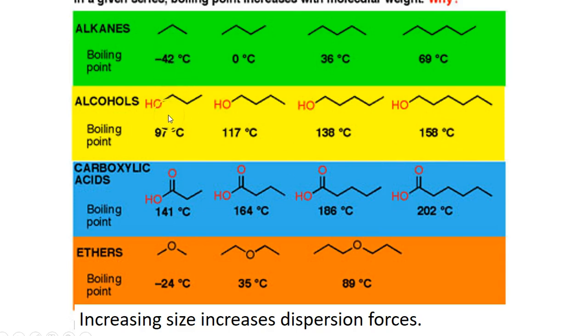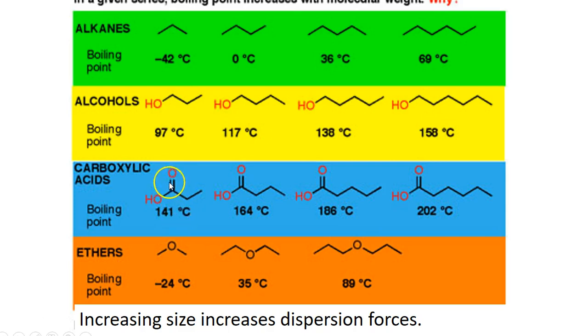If we compared this one to this one, so this here is not a carbon, that's a carbon. So it's 1, 2, 3. So that's propan-1-ol, and that's probably about the same molar mass as a butane, even if we compared it to this one. You can see this is a slightly bigger molecule, probably the molar mass, but the boiling point is lower than this. So the dispersion forces are possibly similar between these two, but this one's also got hydrogen bonding.